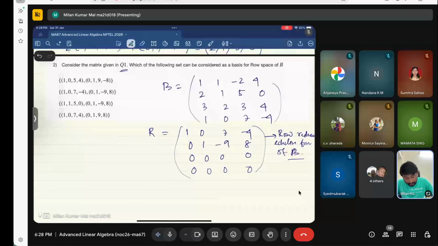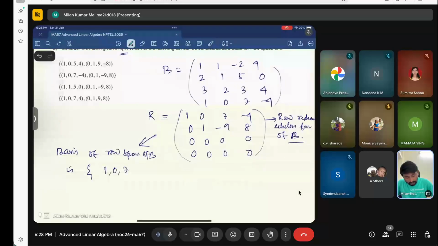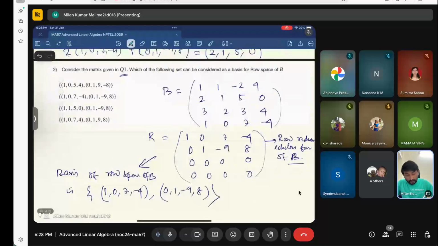From here it is clear. The theorem I have said: a basis of row space of B is two vectors, one is 1, 0, 7, minus 4, another is 0, 1, minus 9, 8. So these are the two vectors. So let me match it. Clearly it matches with the second.